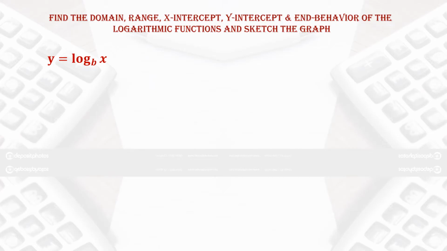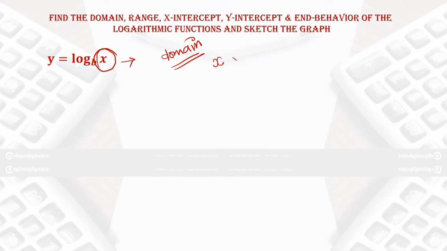Let's see how to graph it. There is a very simple way to graph any logarithmic function. The first thing is, try to write the domain of the logarithmic function. In order to write the domain, always take the function that is written after the log. So here the function x, which is a monomial, is written after the log.